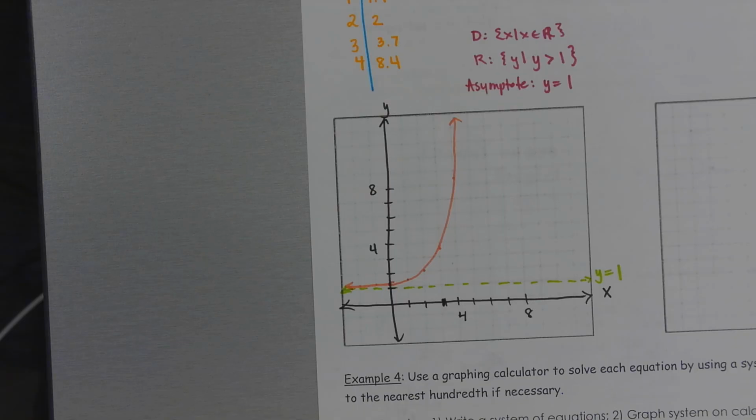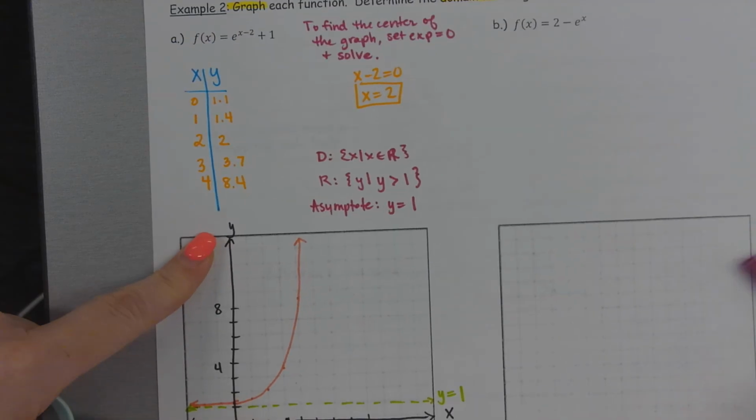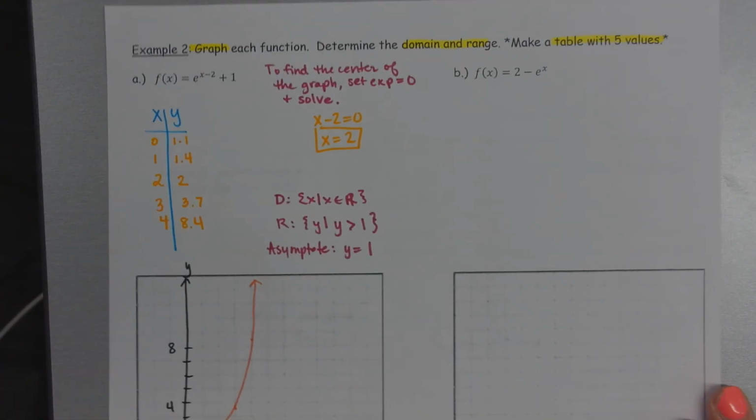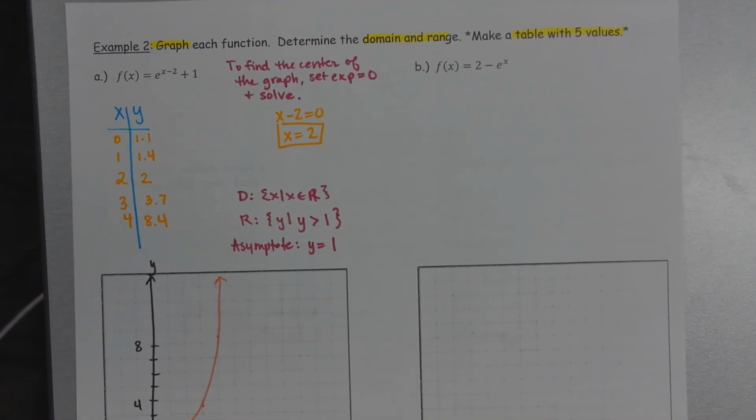And then see if you guys can come up with your table for this one. Remember that to find the center, you just set the exponent equal to 0. So do that for this case so you know where that center of the graph is going to be.